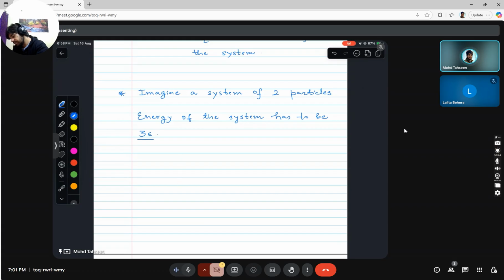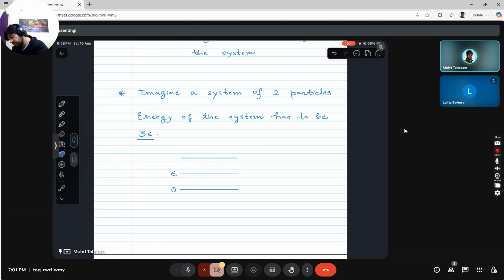So there's one base energy which is zero energy, then we have an epsilon amount of energy. So these are different energy levels now.